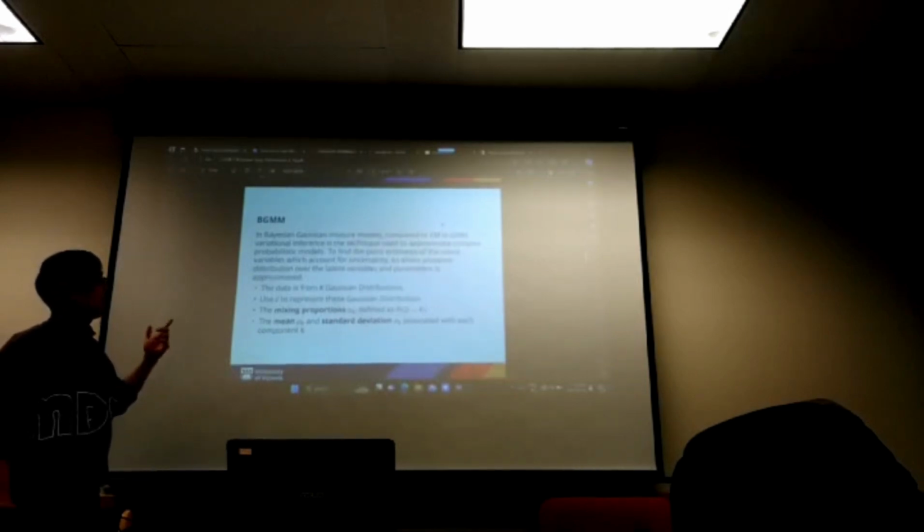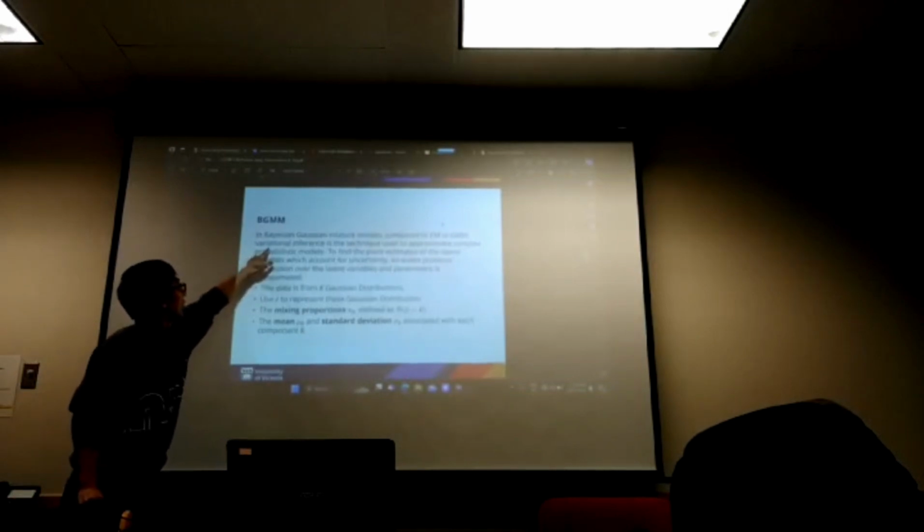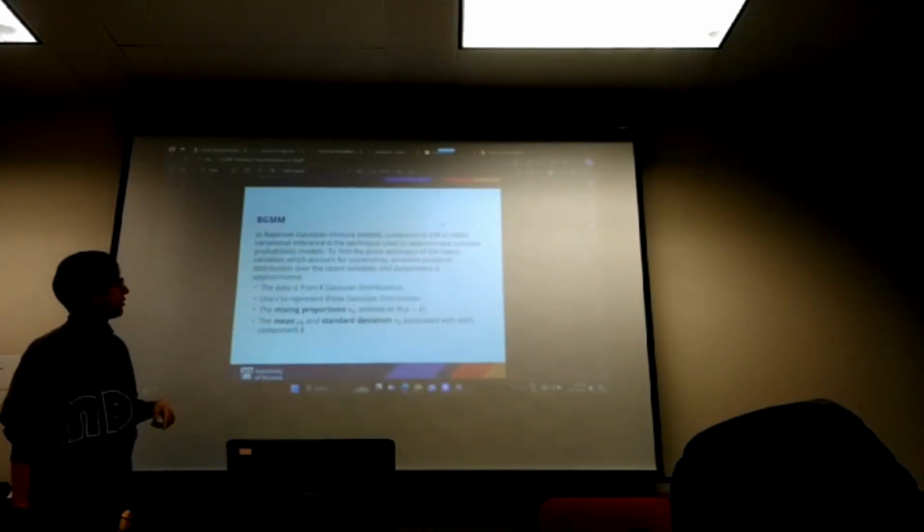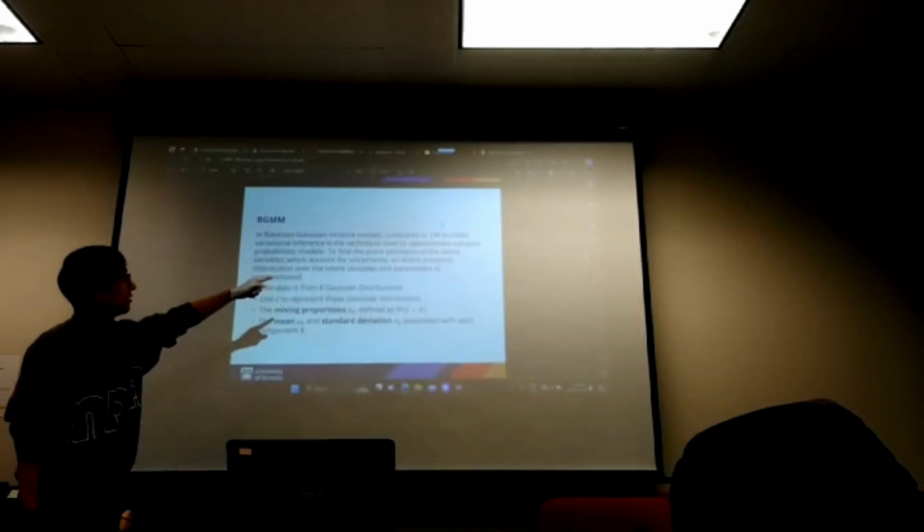And in BGMM, we use variational inference to get our parameters, to find the point estimates of the latent variables.